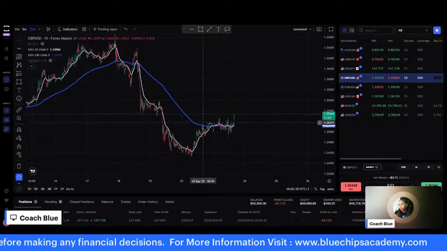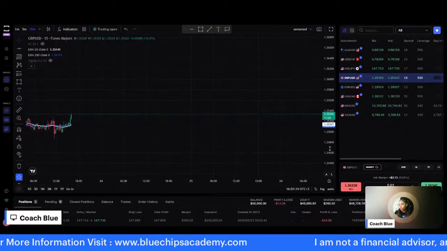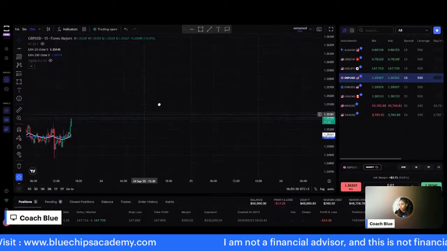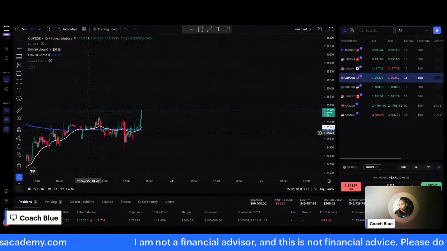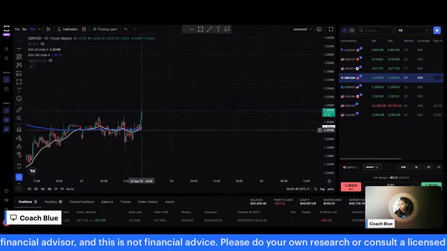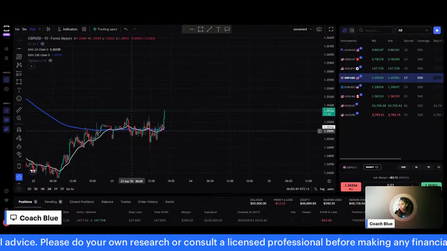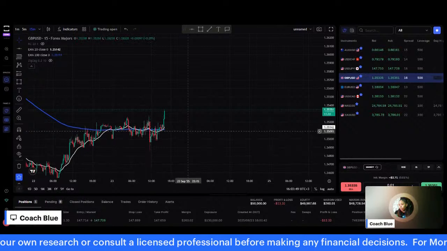Price is coming down. So this crossover right here, I will probably skip out on. If I'm being honest, I'm going to skip this because the 20 is very close to the 200. There's no clear support or resistance in this position.